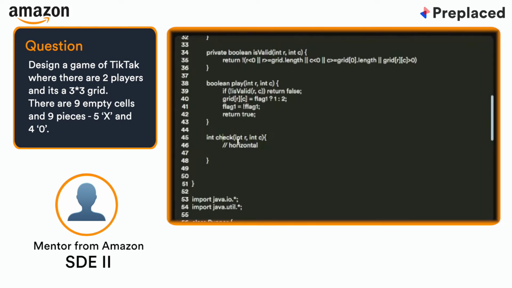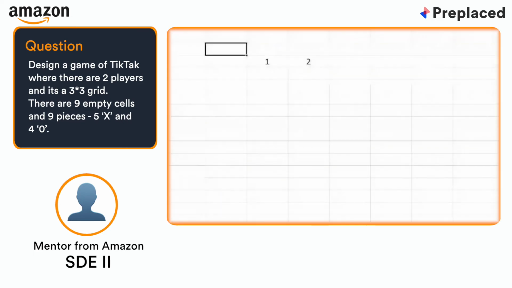So I have called my check. Why this row comma column? Because I will be calling this check after every valid play, right? So if I know the row and column of the last entry, I don't have to check for each possible one. If this was the last entry, I'll just check for this particular scenario and this particular scenario. I don't have to worry about other possible scenarios.